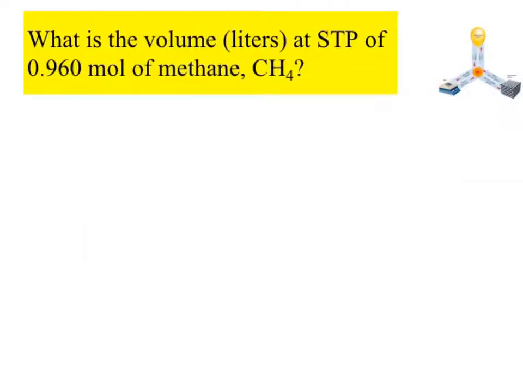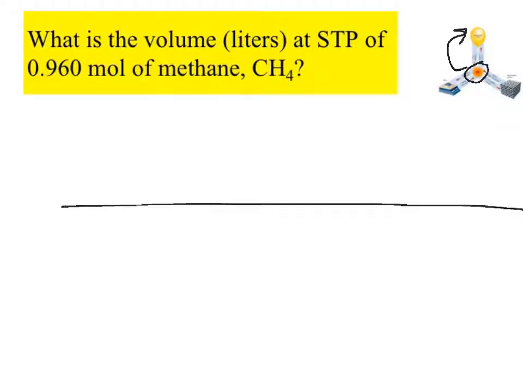So here's an example. What is the volume in liters at STP, that's standard temperature and pressure, of 0.960 moles of methane? And that's a gas, methane gas. So we are starting with moles here in the center, and we are wanting to know what the volume is. So we're going up top to this third quadrant. The process of dimensional analysis is the exact same.